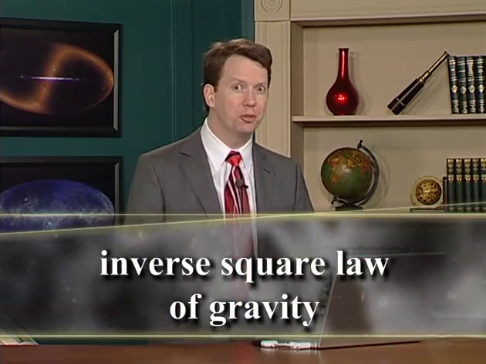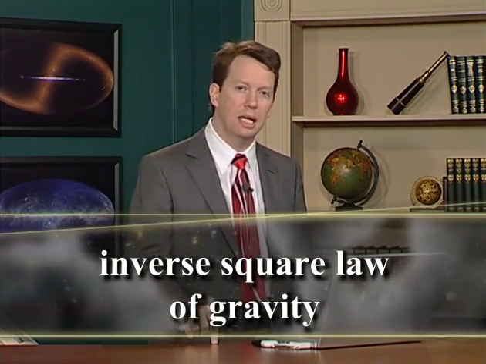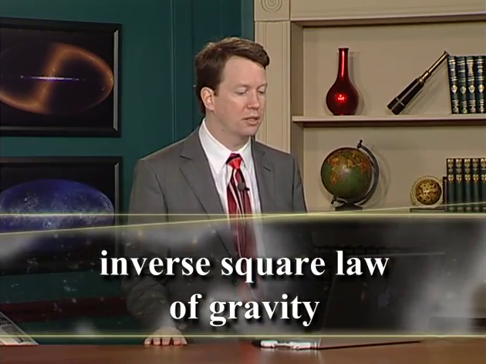The gravitational force between two objects goes down as they get further away, and as you double the distance, the force of gravity goes down by a factor of 4, the square of the factor of 2 that you double the distance by. So that inverse square law of gravity will play a very crucial role in what is to come, but it is not what we're going to be talking about in this lecture right now.